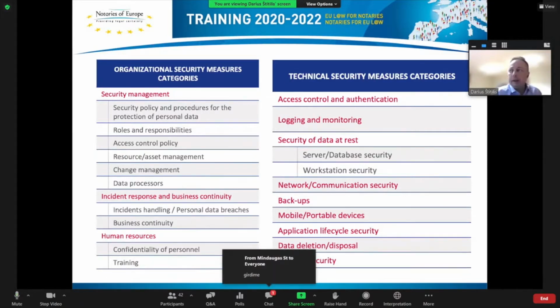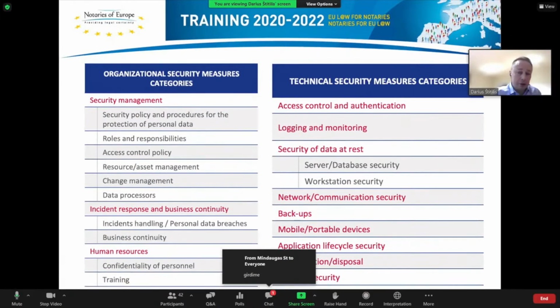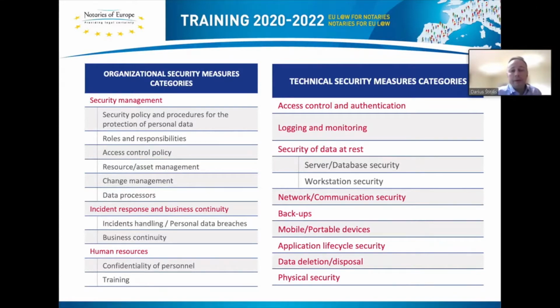And technical measures are related to more technical issues. For example, if we have access from mobile portable devices to personal data, we should have technical security measures regarding mobile devices.